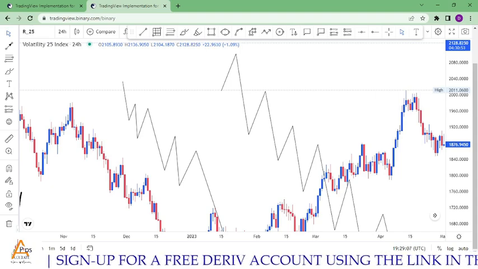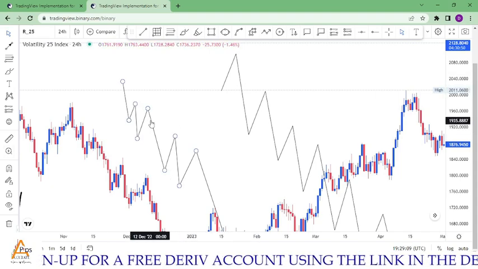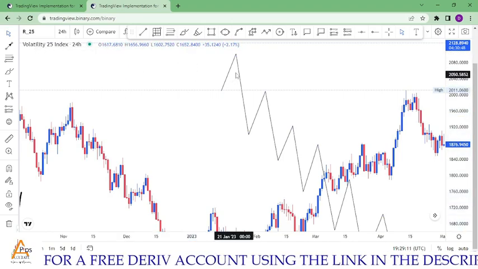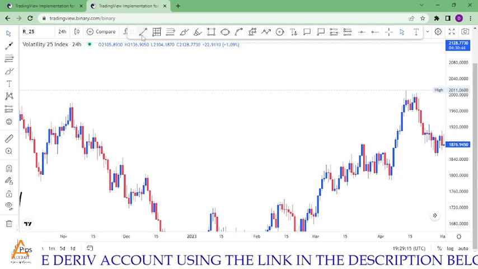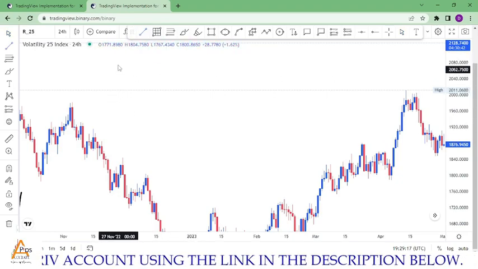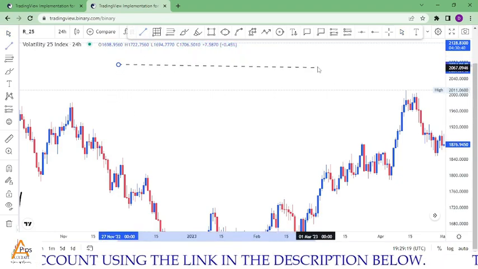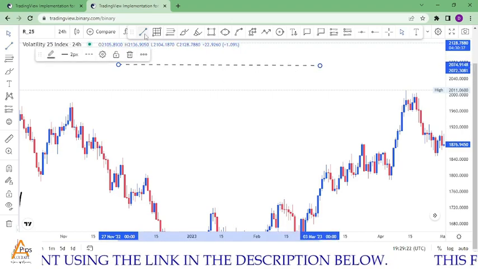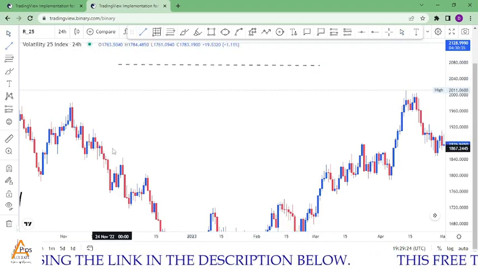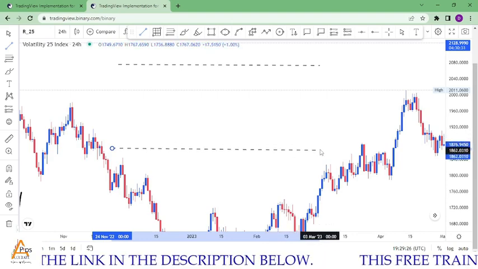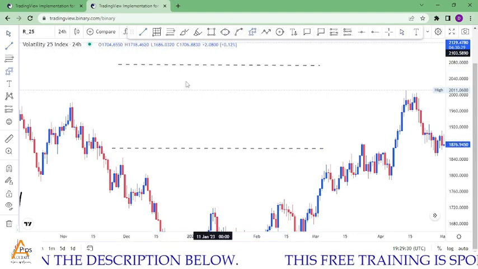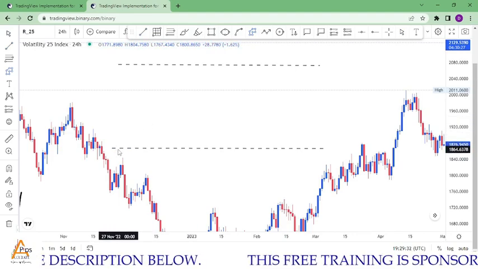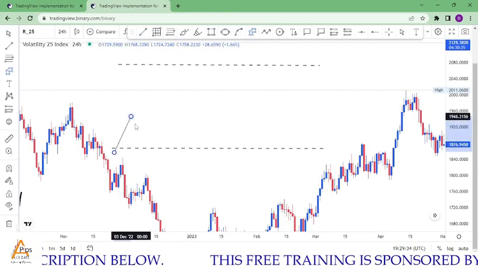Let me put the demonstration here so that you see what I mean. When we talk about the ranging market, we are looking at a market that is moving between what? Two boundaries. That is how I refer to it. It's moving between two boundaries. Now, these boundaries are not equal, single straight lines as I've drawn here.